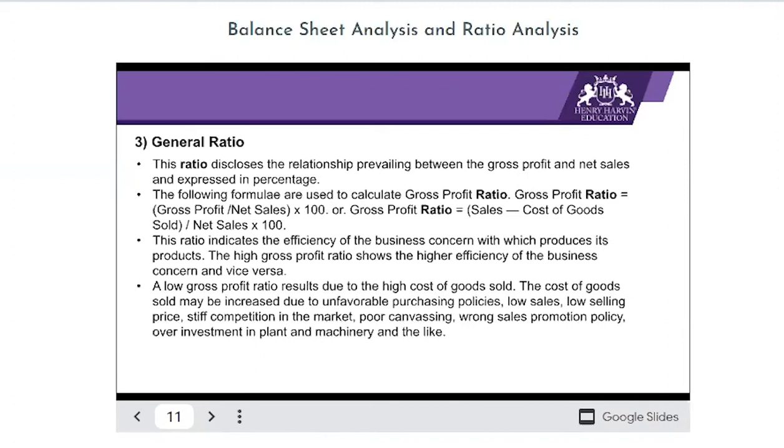But GP, gross profit, which is sales minus direct costs, cost of goods sold, will tell you about your core business. And if the GP is not correct, then there is no point staying in business. You might as well stop production of the goods that you are selling. Okay.